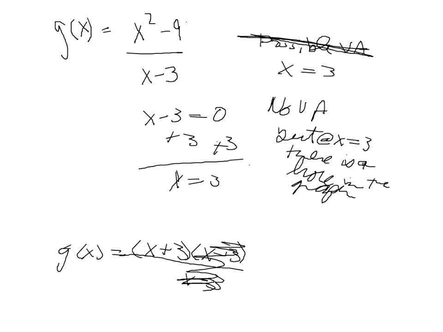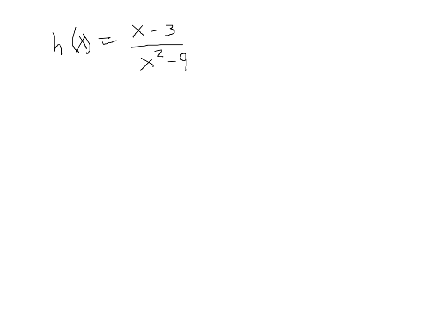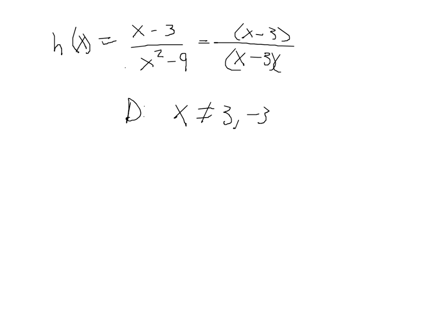So when I look at my original rational function, I can find my domain. So here, my domain, I can't equal 3 or minus 3, and that is because my denominator factors into x minus 3 and x plus 3.